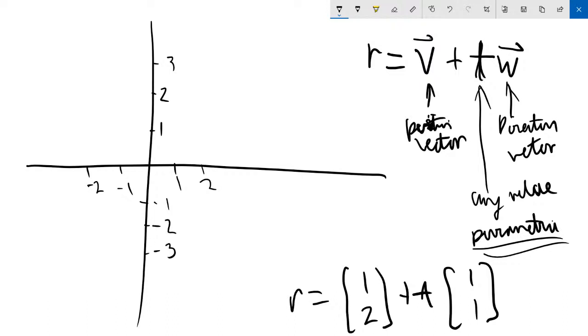It's 1, 2. It starts there, that's the position vector. And then from there, you can go in any direction 1, 1, so you draw the direction vector 1, 1.